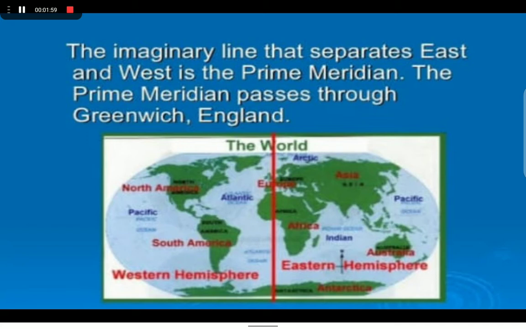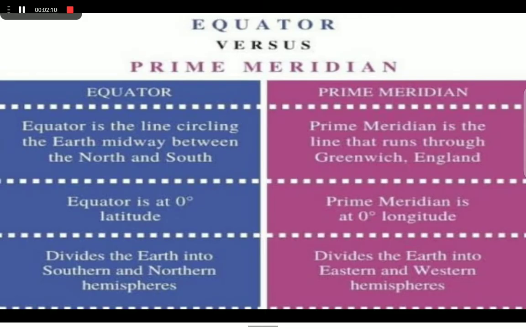So here the prime meridian divides the earth into two equal parts, the western hemisphere and the eastern hemisphere. Equator versus prime meridian. The equator is a line circling the earth midway between the north and south. The prime meridian is a line that runs through Greenwich, England.